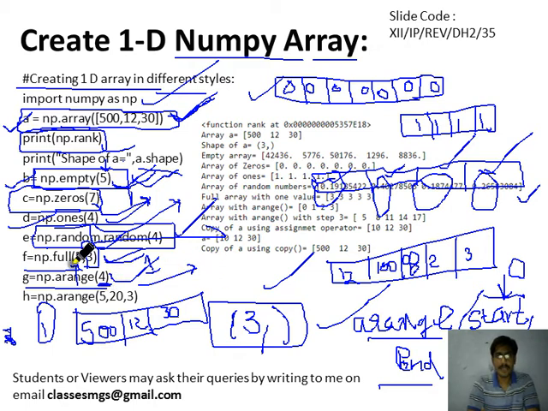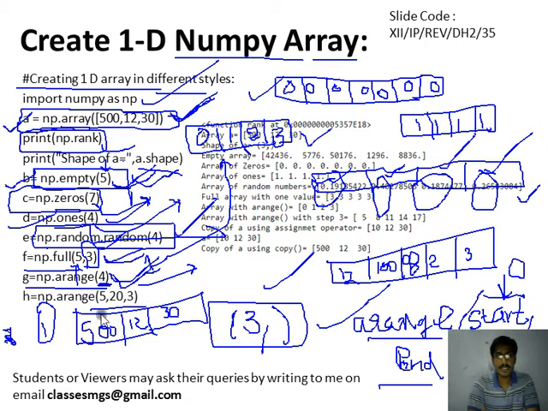So np.arange will return like this. It will create a numpy array of 4 elements starting from 0 to n minus 1, that is 4 minus 1, that is 3. So it looks like this. It will generate the one-dimensional array starting from 0 to 3.